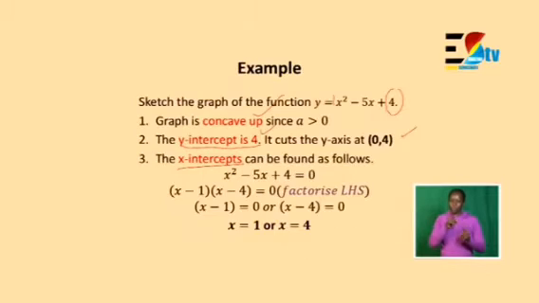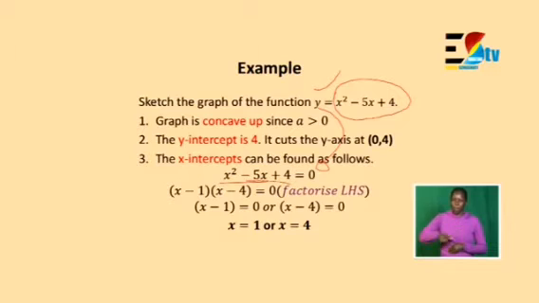So now we can come back here, because we are looking for the x-intercepts. So what we do, we set y to be equal to 0. Hence you see here we have 0 equals this quadratic function. Then now we look for the x values.